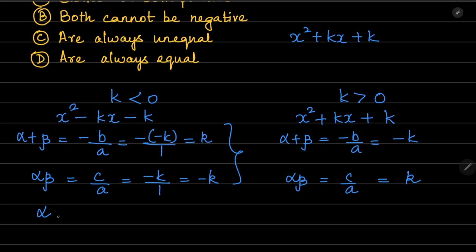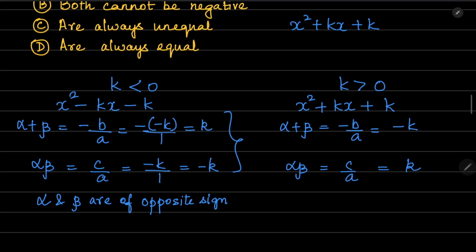So what does it mean? Alpha and beta are of opposite signs. If one is positive, the other one is negative, right? So this is one observation. If alpha is positive, then your beta will be negative. And if your alpha is negative, then beta will be positive. So this is the observation.